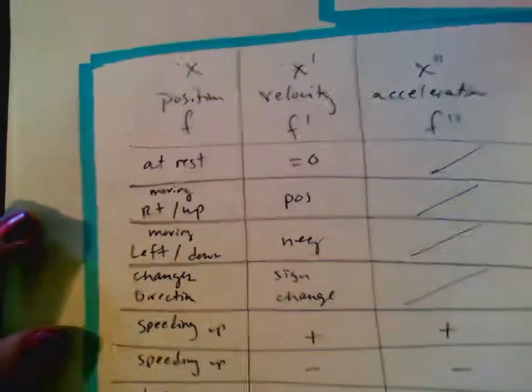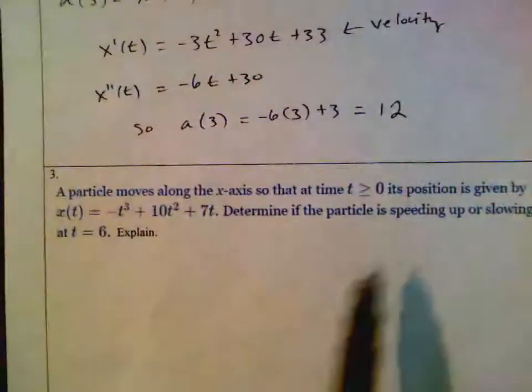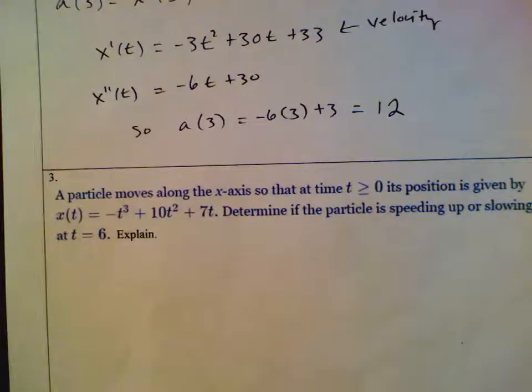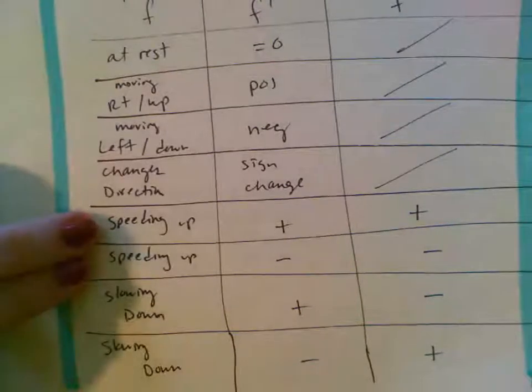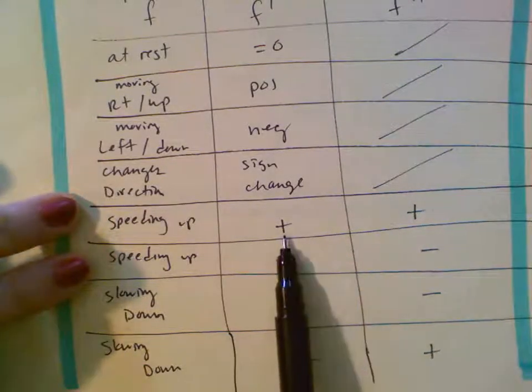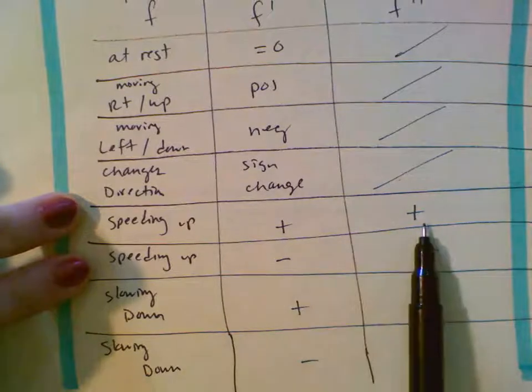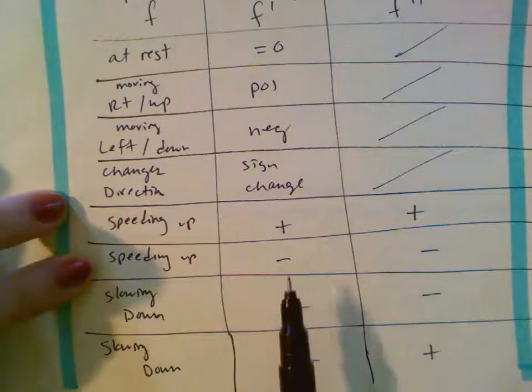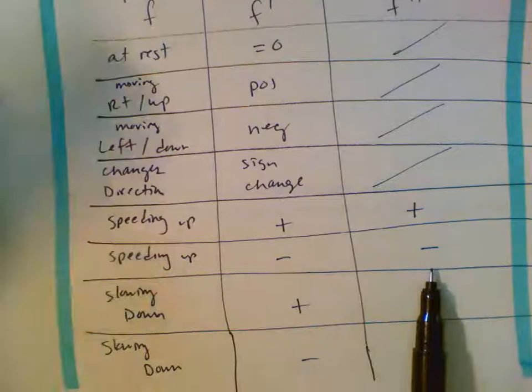They are asking, determine if the particle is speeding up or slowing down at t equals 6. Explain. If you go down here, there are two situations for a particle speeding up: either velocity is positive and acceleration is positive, or velocity is negative and acceleration is negative.